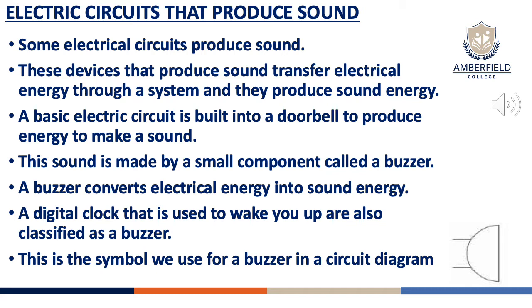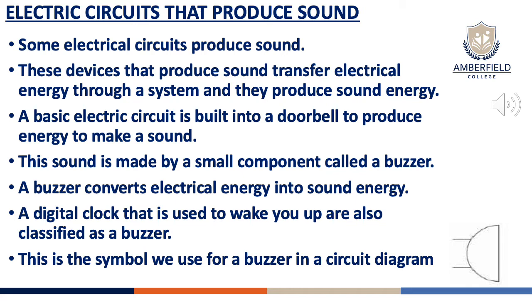This sound is made by a small component and we call it a buzzer. We do have a particular symbol for a buzzer that you will see in this PowerPoint slide. A buzzer converts electrical energy into sound energy, and a digital clock that is used to wake you up is also classified as a buzzer.